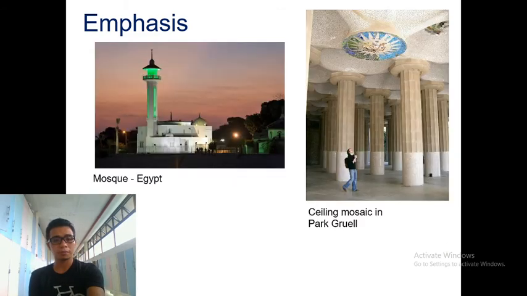Now, in Egypt, here's a mosque in Egypt. So, anong pinaka-focal point niya? Yung tower. Bakit? Because that's the tallest part of the structure. Siyempre, makikita mo talaga. Hindi talaga mawawala sa paningin mo yan, because napakataas niya. And at the same time, may color siya na green through the LED lightings, no?